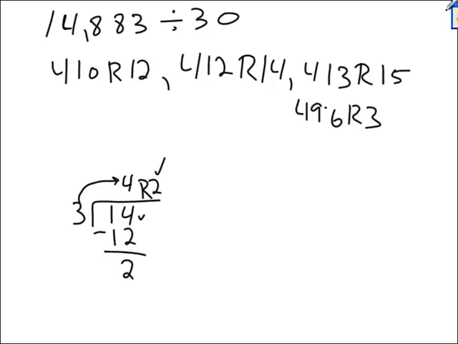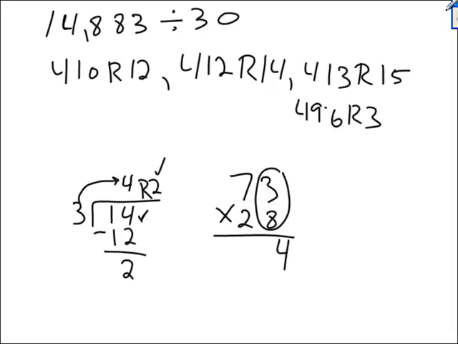That's the first concept. The next concept is when you multiply two numbers, what will the rightmost digit be? I claim it's going to be the rightmost digit of 8 times 3. 8 times 3 is 24. I claim that this answer is going to end in 4, because everything we write from here on will be to the left. 8 times 7 is 56, plus 2 more is 58.